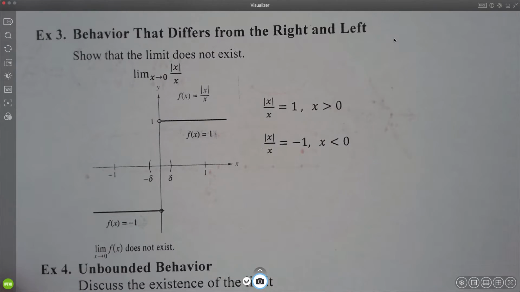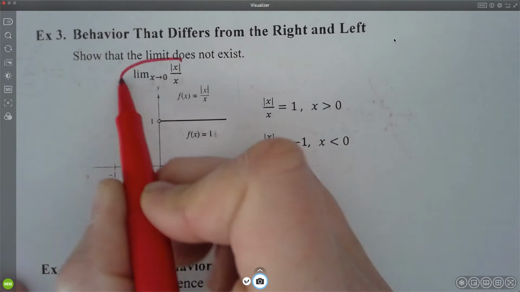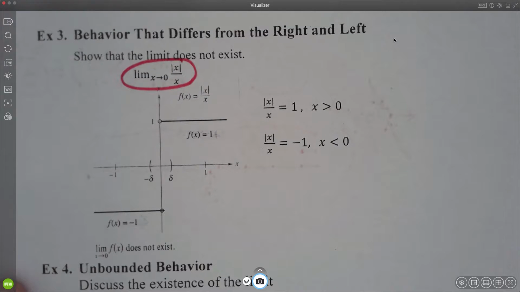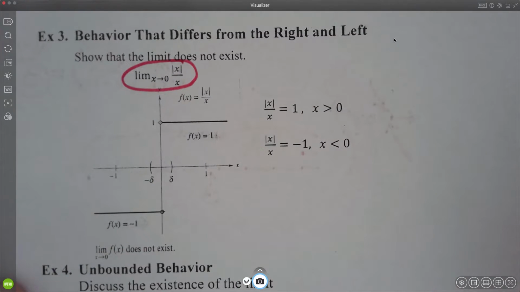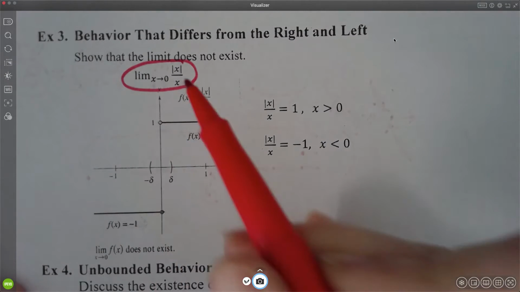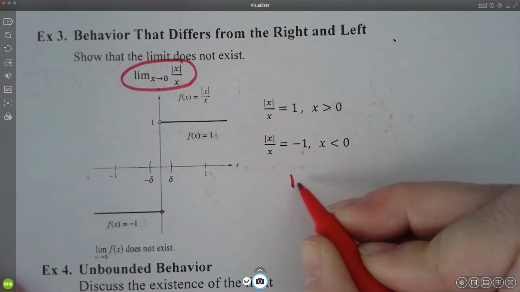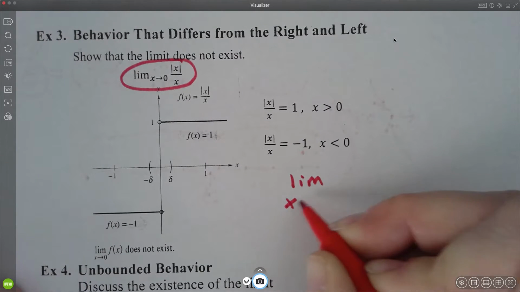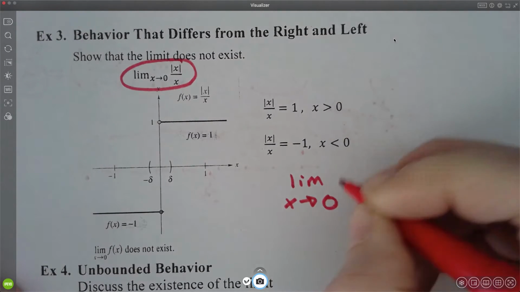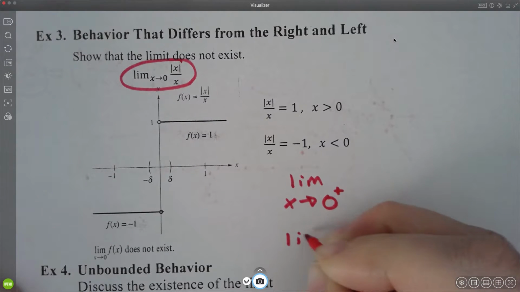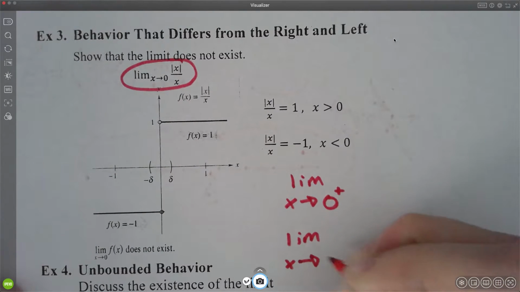So it's asking for the limit as x approaches 0. Since we have the graph of this function, we're going to look at it. This is the notation: the limit as x approaches 0 plus, and the limit as x approaches 0 from the minus side.